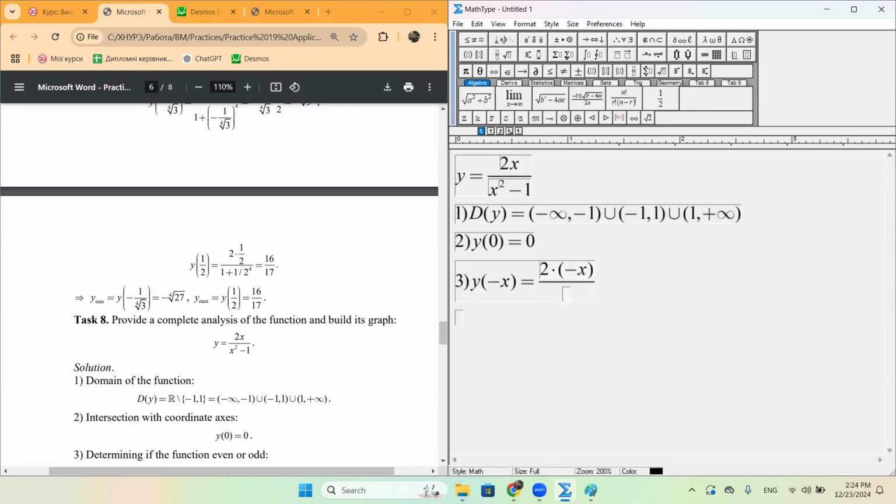Writing everything in detail, it equals -2x over x squared minus 1, and let's move the minus out of the fraction. What can we see? That it equals minus y of x. So is this function even or odd?